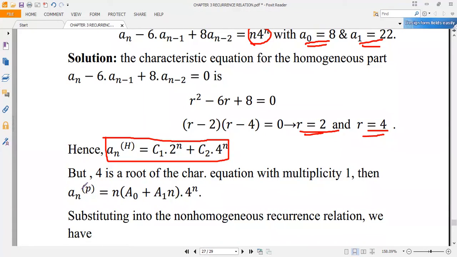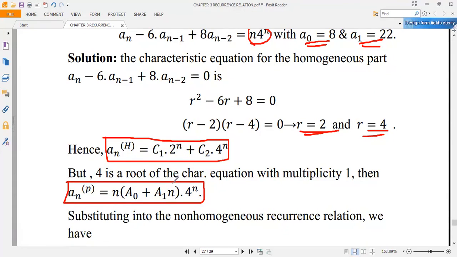So the trial solution to the non-homogeneous part will be n times (a0 plus a1 n) times 4^n. The polynomial function is linear, so the power of n is 1, which is the multiplicity of 4.